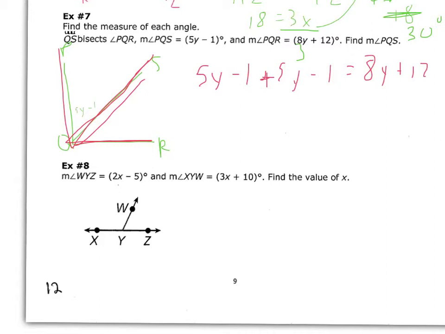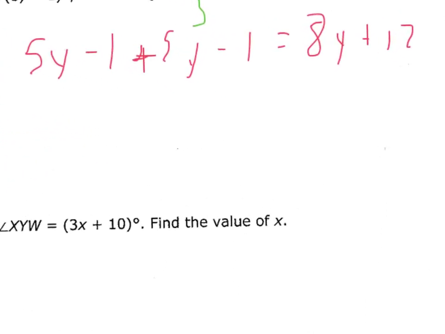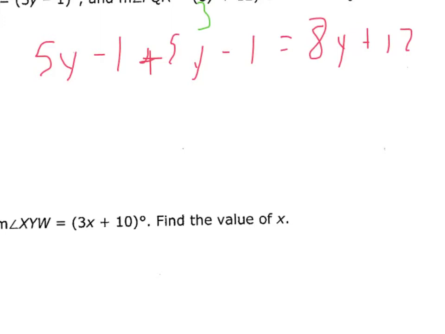We have 5y and 5y. Let's zoom in here. That gives us 10y. And minus 1 minus 1 gives us minus 2. And that equals 8y plus 12.